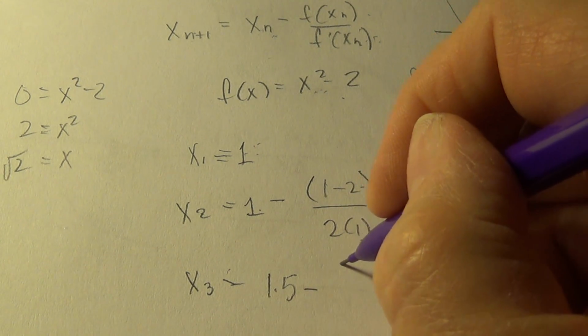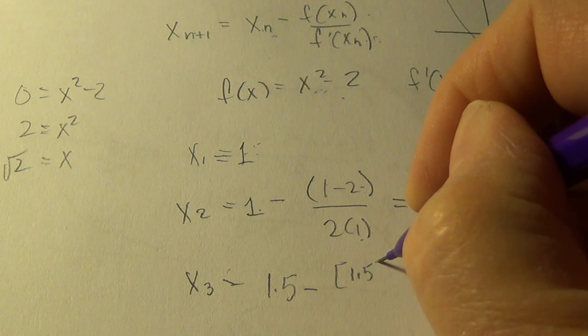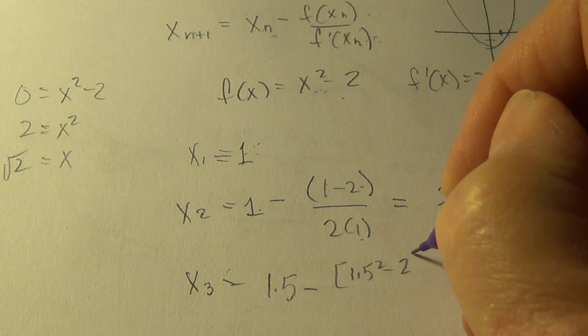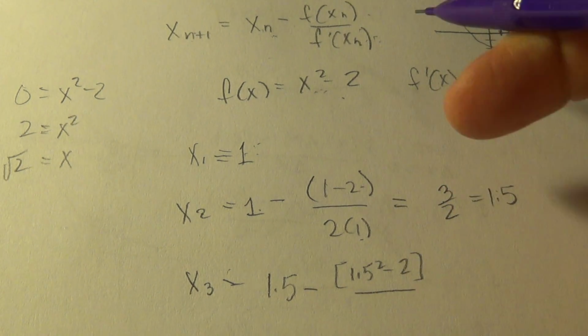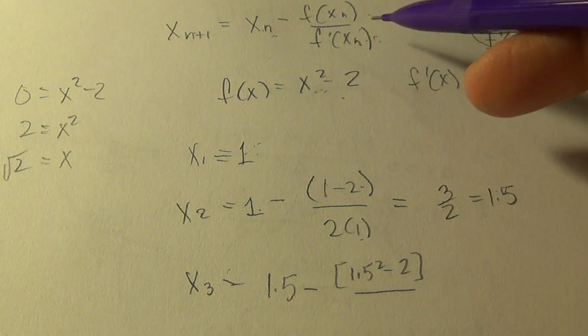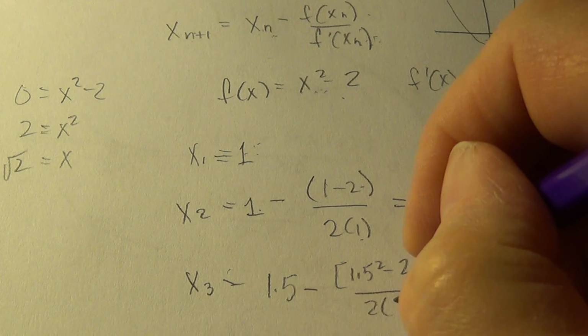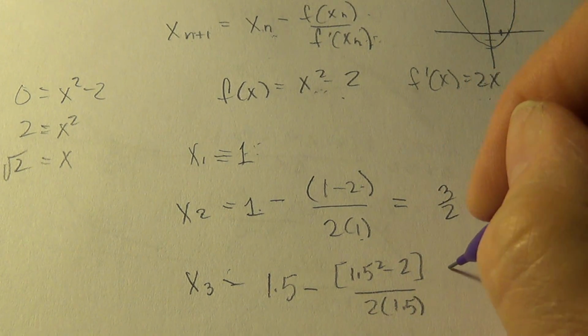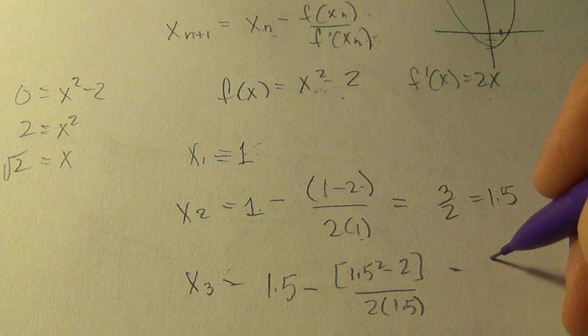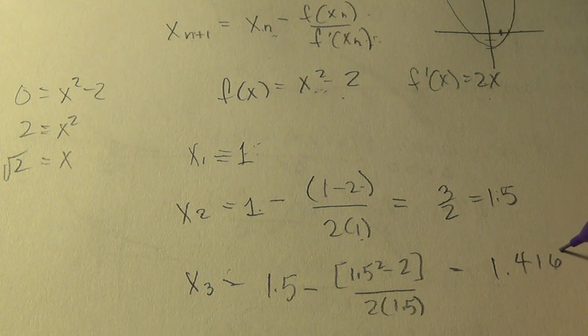So I'm going to get 1.5 squared minus 2 on the top, and on the bottom I throw the old approximation into the derivative, which is 2 times 1.5. And when I did all that, I got 1.4167. So that is getting very close quickly.